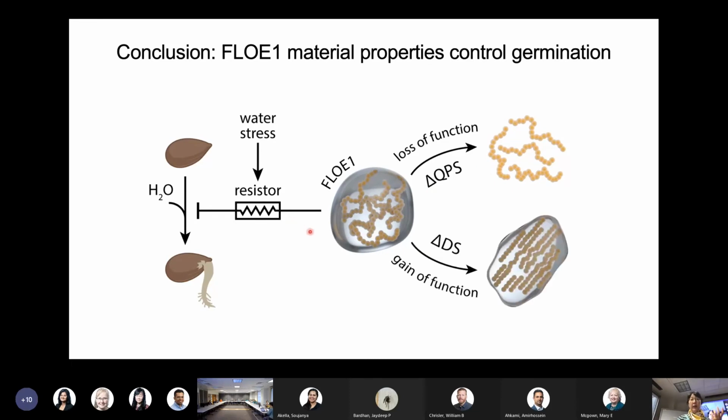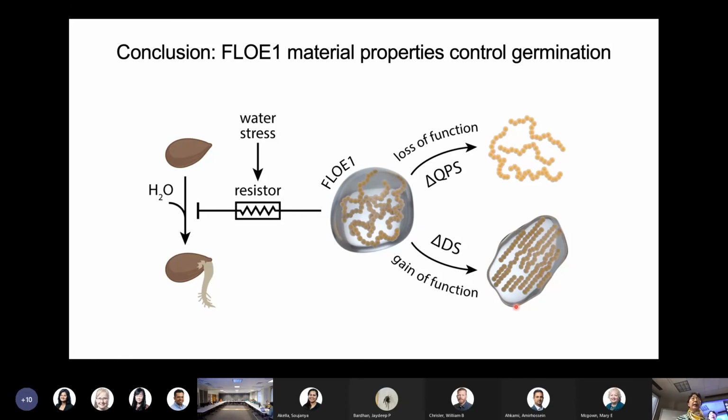But when we prevent them from reversibly forming these phase separation bodies and have them stay at the solid state, they are completely blind to water potential. Okay. And so this is sort of what we're observing.